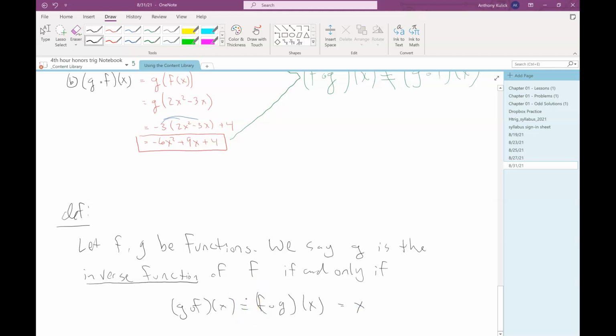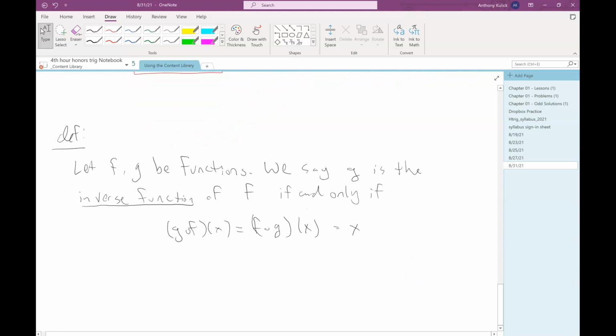So we say that if f and g are two functions, we say g is the inverse function of f if and only if the composition g compose f of x is equal to the composition f compose g of x, and both of them give me the value x.